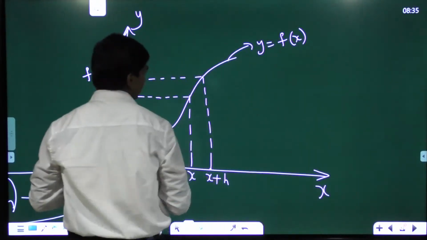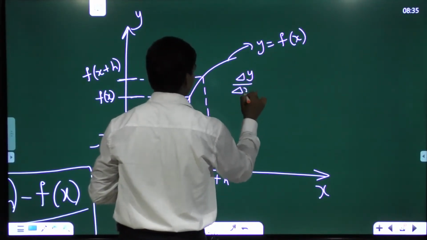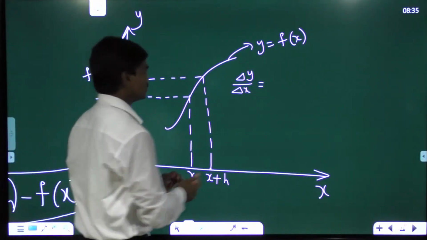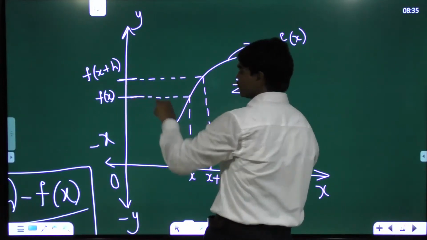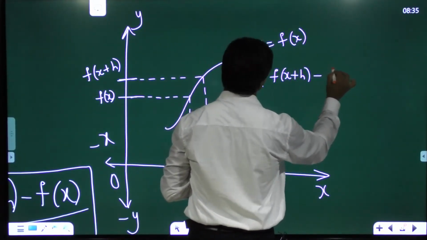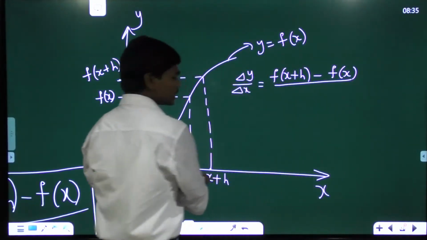Now see here, if I write delta y by delta x, means basically change in y by change in x. What would be the answer? Change in y is this part, which is f of x plus h minus f of x, divided by, what is change in x that you have?